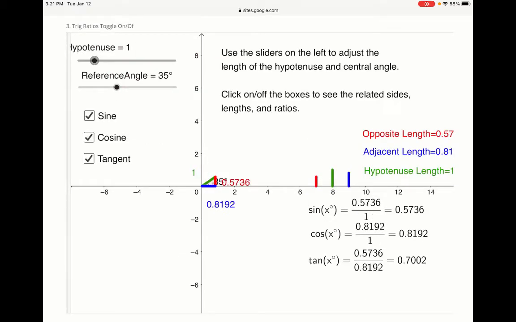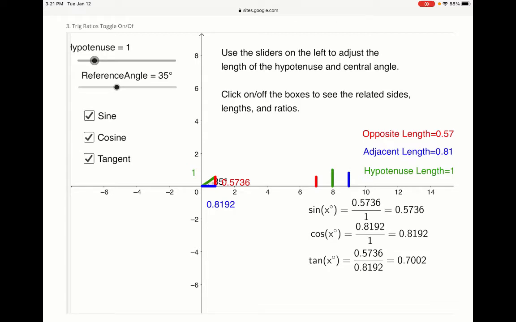Okay, here's another animation that I wanted to show you. So I've got the hypotenuse at 1, so that's right now equivalent to a unit circle. We're dealing with a reference angle of 35 degrees here, so it's not one of our special angles. But what I want to show you is it shows you the red, the green, the blue as the length for the opposite, adjacent, and hypotenuse, and it also has the values for sine and cosine.